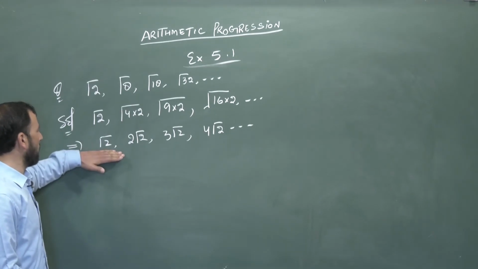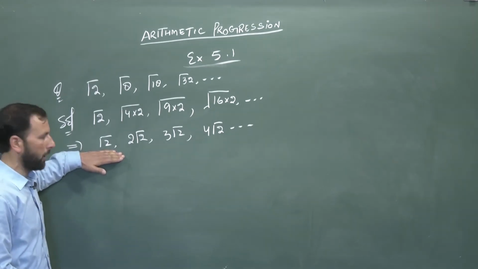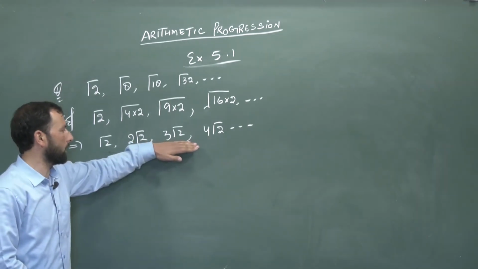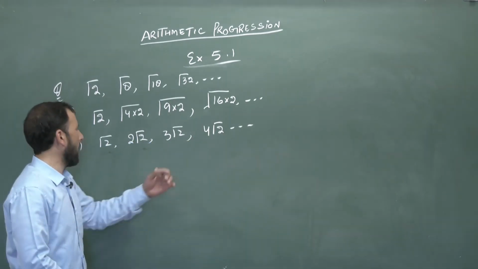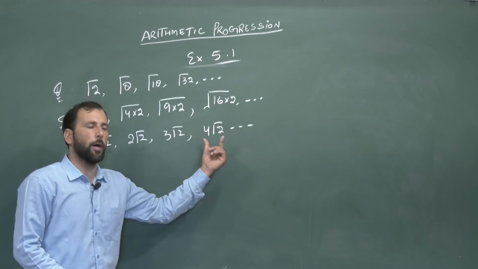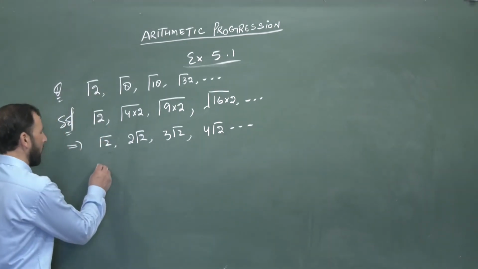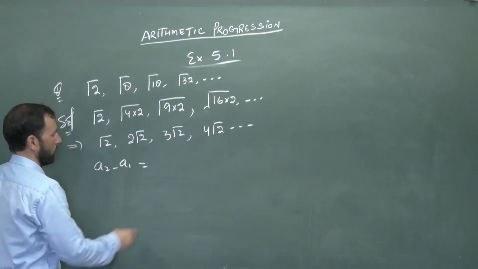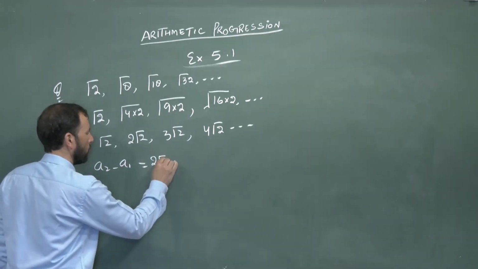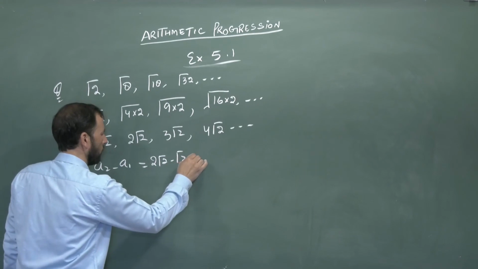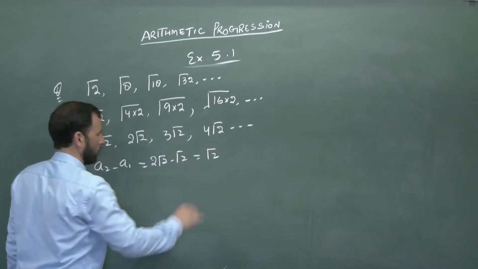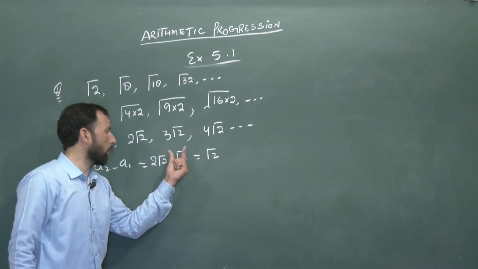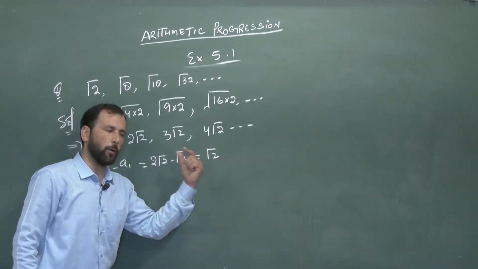So now the first term is square root 2, the second term is 2 times square root 2, the third term is 3 times square root 2, and the fourth term is 4 square root 2. Now a2 minus a1 is equivalent to 2 times square root 2 minus 1 times square root 2, which equals square root of 2.